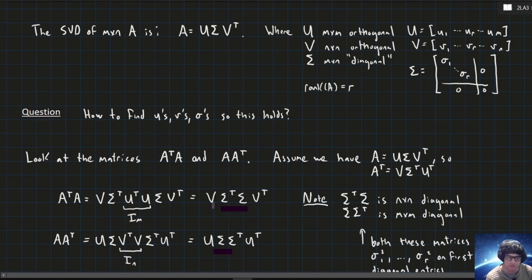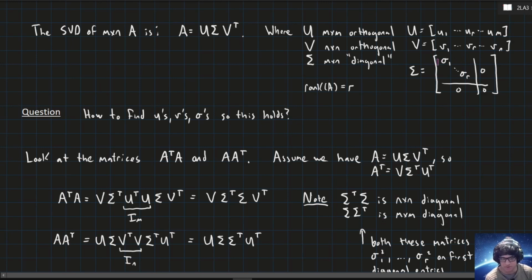So we should look at these matrices in the middle. Sigma transpose sigma is going to be an n by n matrix. If you think about what it has to look like, it will be diagonal, a true diagonal matrix, because it will be square, n by n.